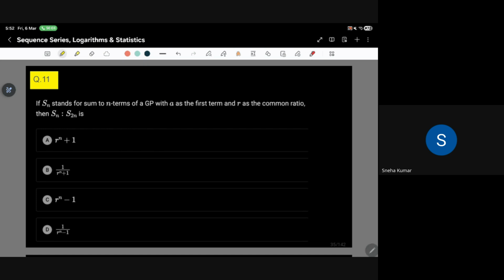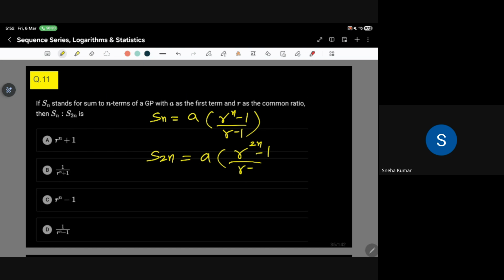So the sum of n terms of the GP is A times r to the power n minus 1 upon r minus 1. The sum of 2n terms will be A times r to the power 2n minus 1 upon r minus 1. So they are asking for the ratio of these two. A got cancelled out. We are left with this thing.